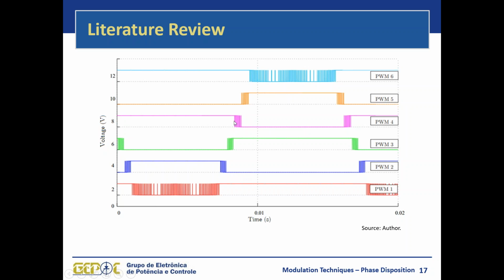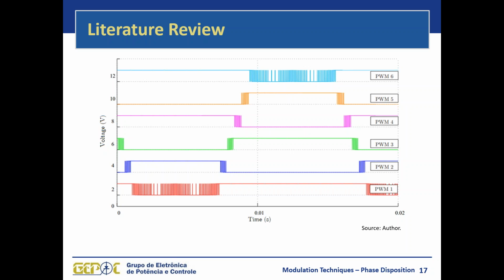And when we add all the signals, then we have the classical multi-level phase voltage of this converter. The problem here is that as we have different numbers of commutations and switching patterns for each one of the switches, we have different power losses for each one of the switches.